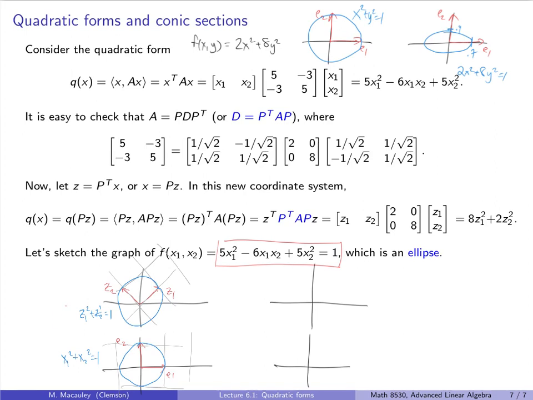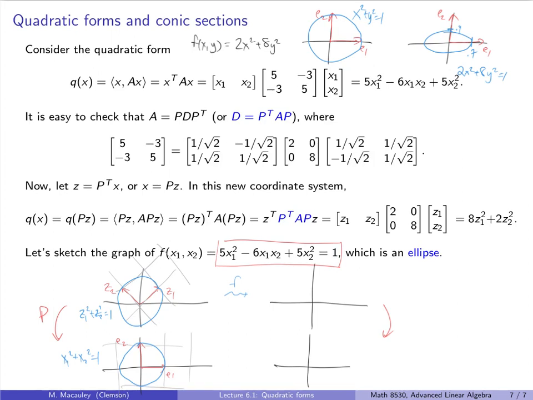That's a circle. So you can think of P as the change of coordinate matrix. All it does is change the grid from here to here. Now let's see what happens when you apply F, so I mean this loosely speaking.